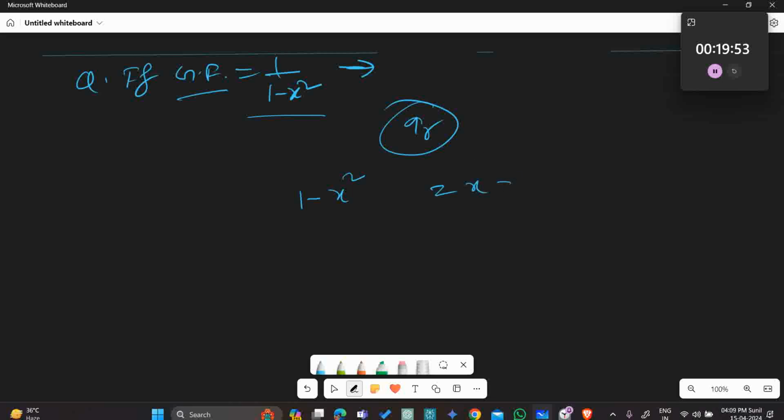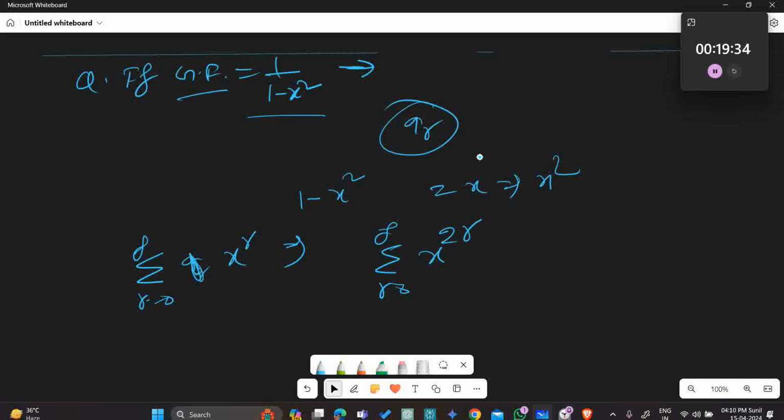So x is equal to x square here. What we are doing: sigma r equals 0 to infinity x to the power r becomes sigma r equals 0 to infinity x to the power 2r.